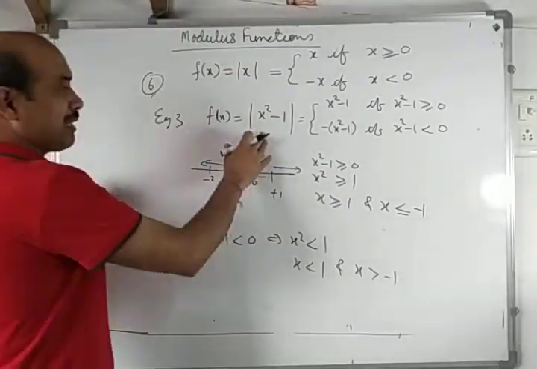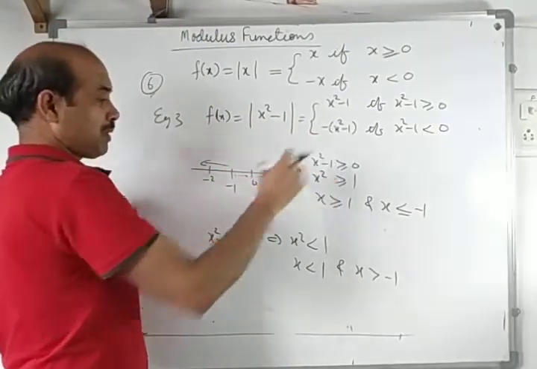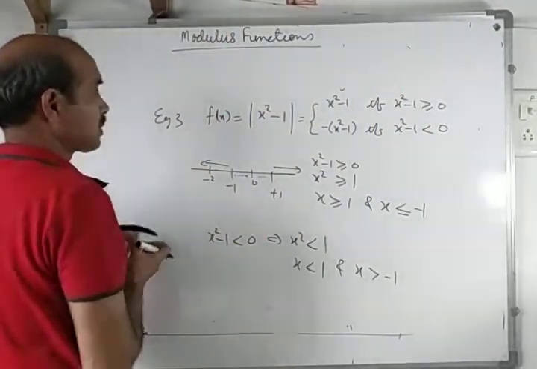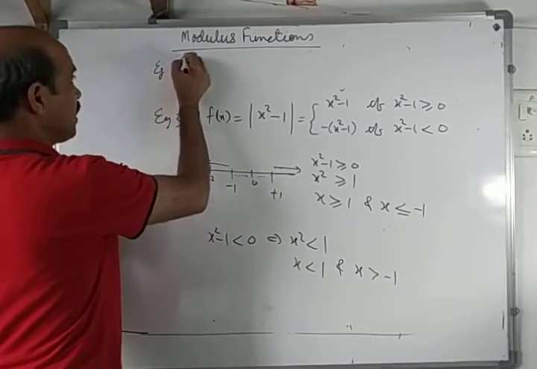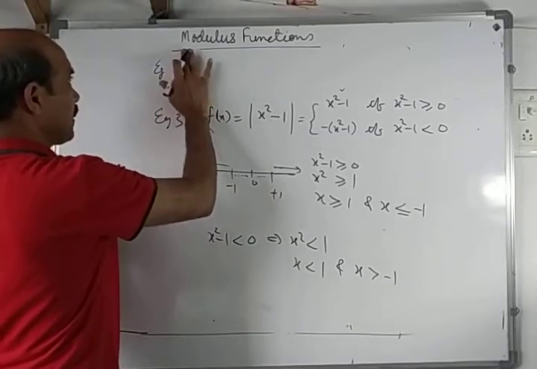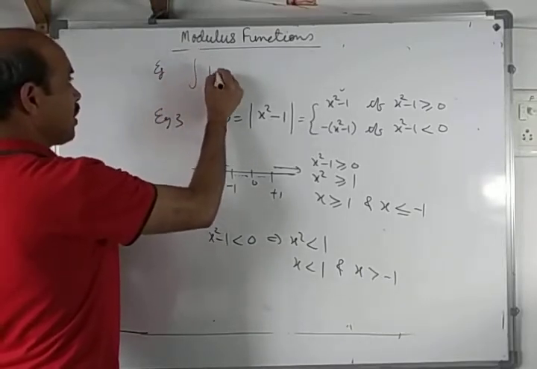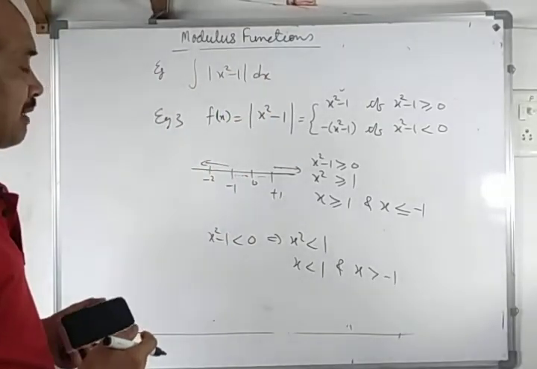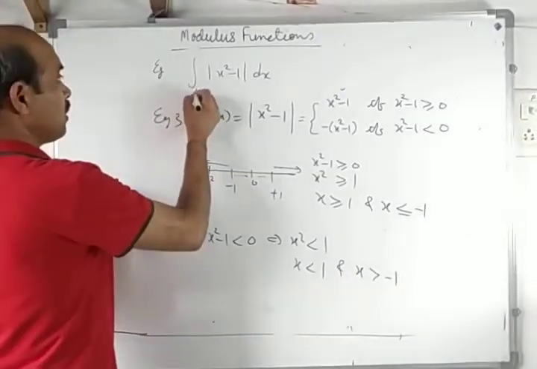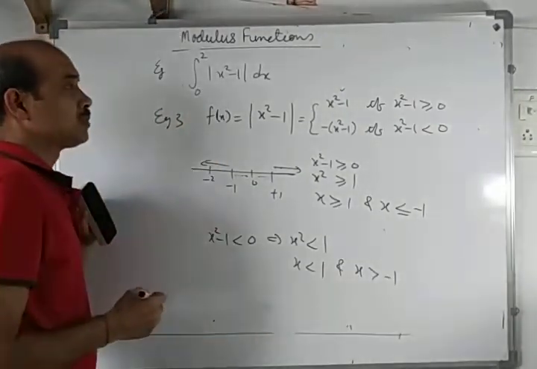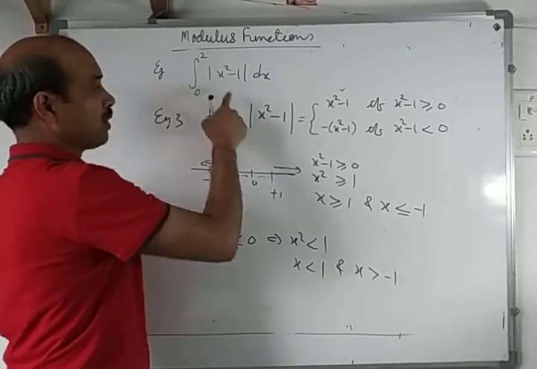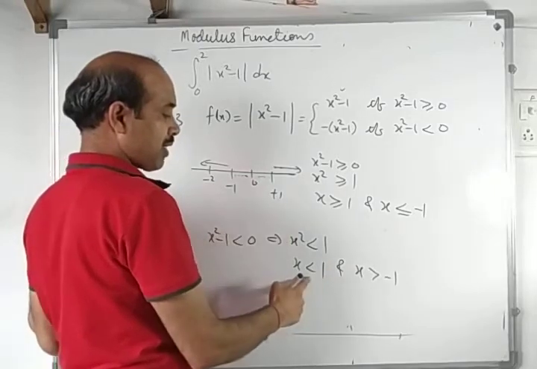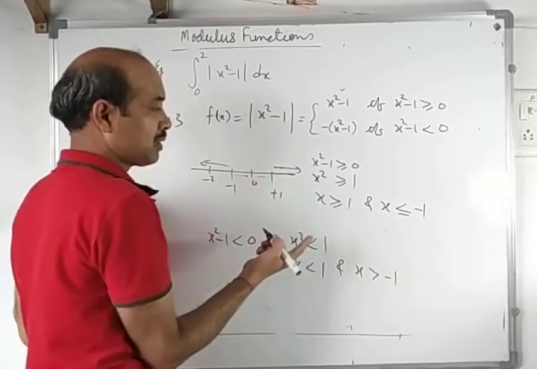If you have to integrate this, you can put in the values. You can see one question based on it. Integration of mod of x square minus 1 dx, and let us say it is from 0 to 2. Here, less than 1 is different, more than 1 is different.